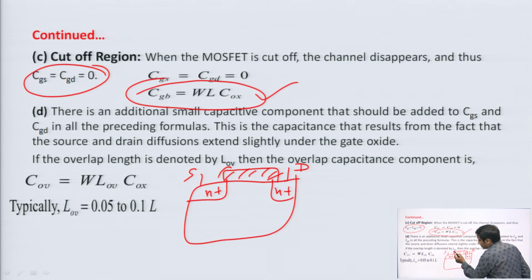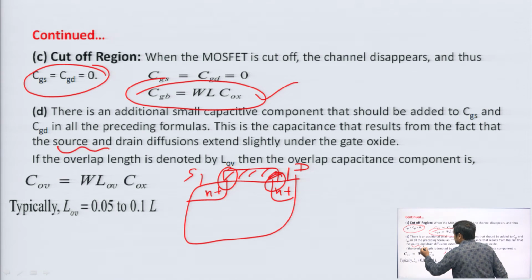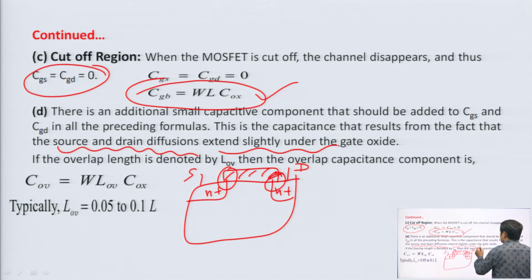So, there is some overlapping here, there is some overlapping here, between the SiO2 layer and the source diffusion and drain, fine. This overlap capacitance results from the fact that the source and drain diffusions extend slightly under the gate oxide.